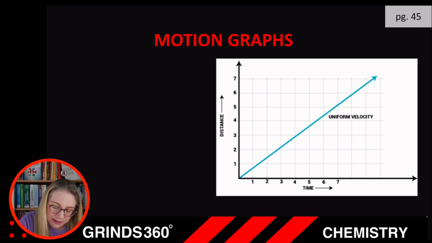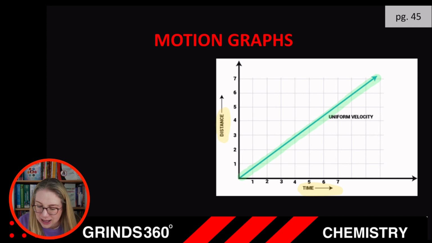So now this one, let's look at our units. We have distance on the y-axis and we have time on the x-axis. Now, it's important when you're dealing with motion graphs that you actually look at what the axes are telling you. So we have distance and we have time. When you see a straight line like this, where they look directly proportional, so as the distance increases, the time is increasing in the same way.